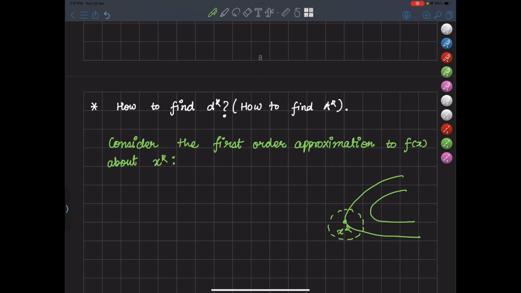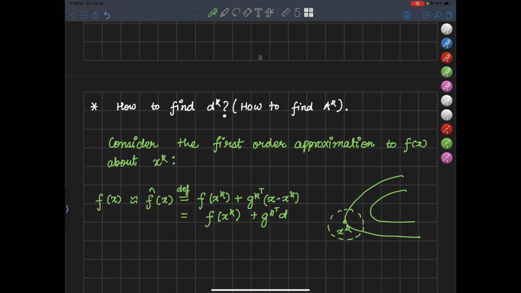So what is the first order approximation? F hat x is defined by f(xk) plus gk transpose times, let's assume that x minus xk is some value d.